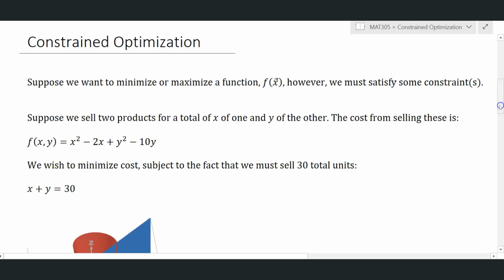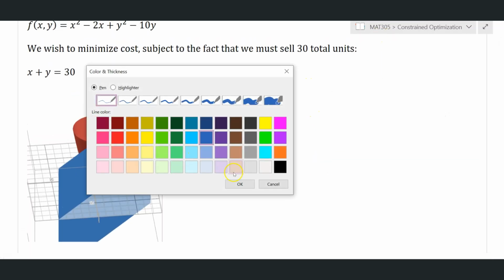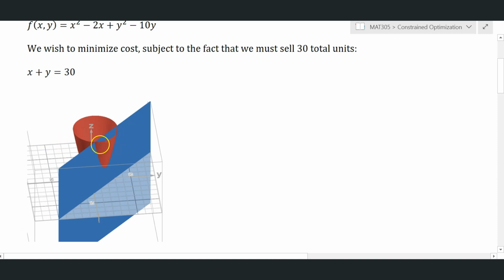Now, here is how this actually looks in three-dimensional space graphically. So our function f of xy is this red paraboloid, and our constraint x plus y equals 30 is this blue plane.